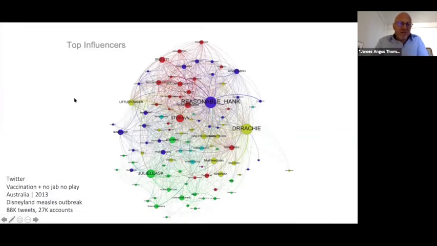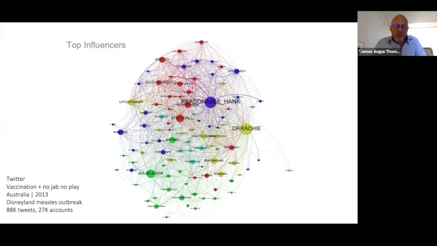So here's a map of Twitter that we drew in 2013. There were some interesting events going on in Australia. The No Jab, No Play campaign had begun. There was the measles outbreak at Disneyland, which everybody was watching. But all I want to show you today is that we could clearly identify the top influencers in this conversation around vaccination and the connections that they had, which gave us a snapshot of that online conversation.